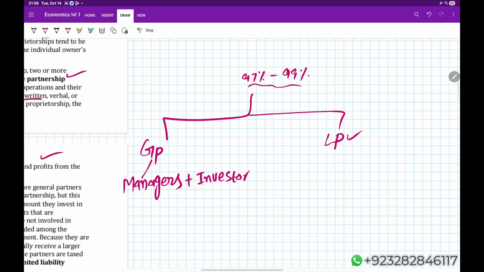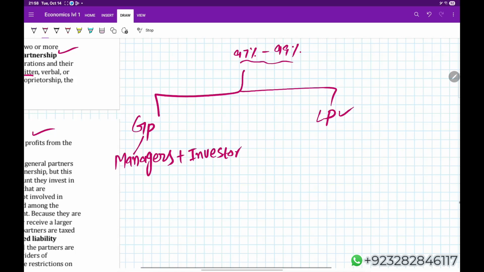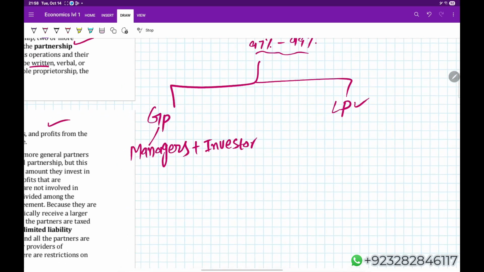We will discuss how the money will be injected from limited partners into this business. So the general partners have the management responsibility. Obviously that is their core responsibility, plus they are also investing 1% to 3% in this business.